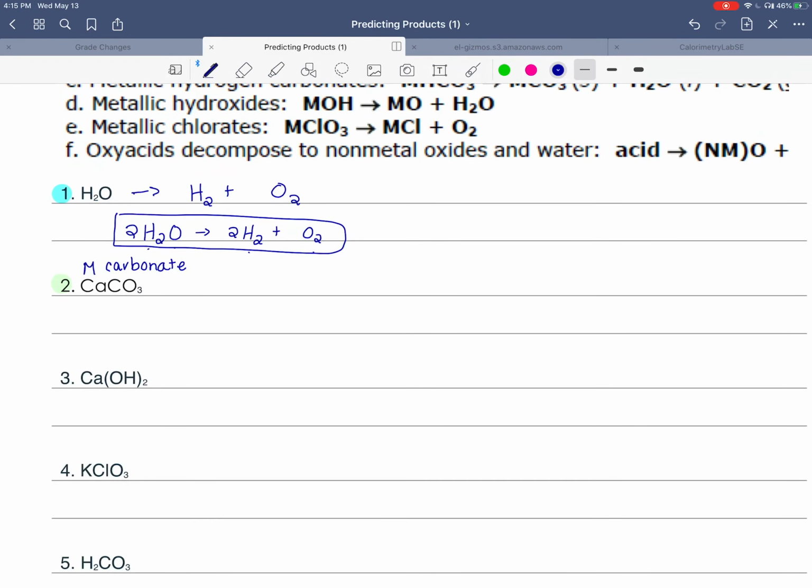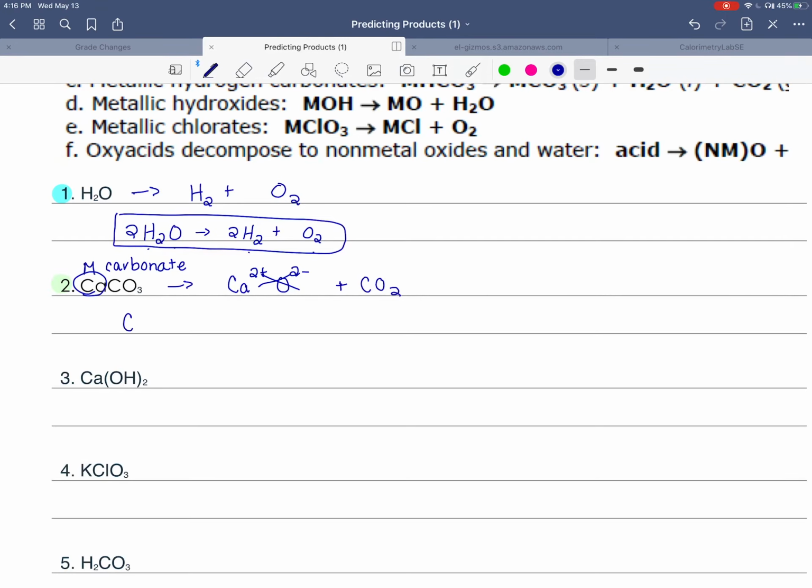The metal that we're dealing with is Ca, so we're going to make a metal oxide by saying it's going to form an ionic bond with oxygen because it's a metal and a nonmetal, and then we're just going to add CO2. When we crisscross these charges, the charges cancel out.